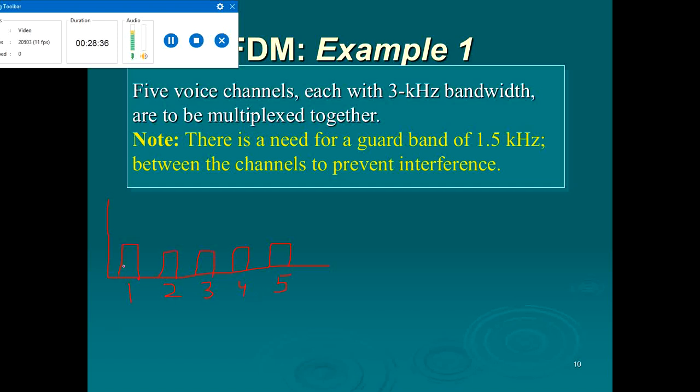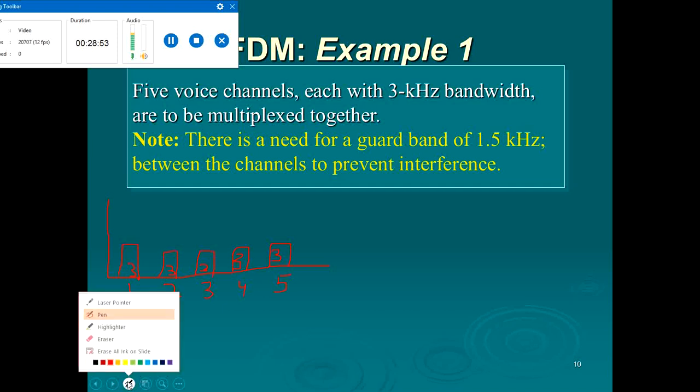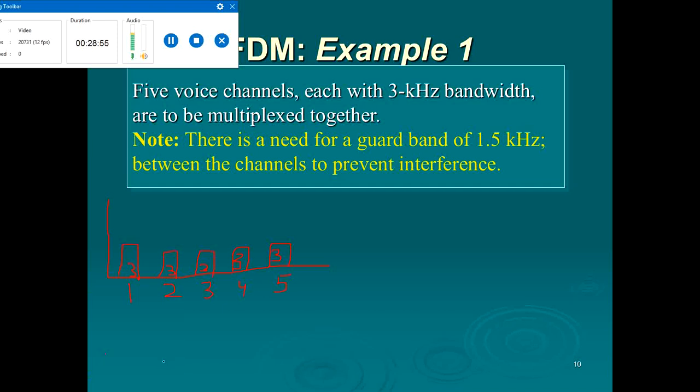And what is their bandwidth? 3 kilohertz, 3 kilohertz and 3 kilohertz. There is a need for a guard band of 1.5 kilohertz. So number of guard bands, I explained in the previous slides, will be 1 less than the number of voice channels. So if I have 5 voice channels, I need 4 guard bands.